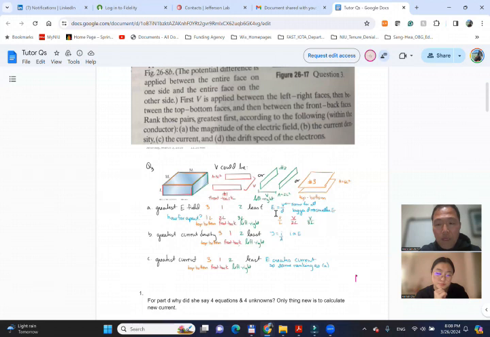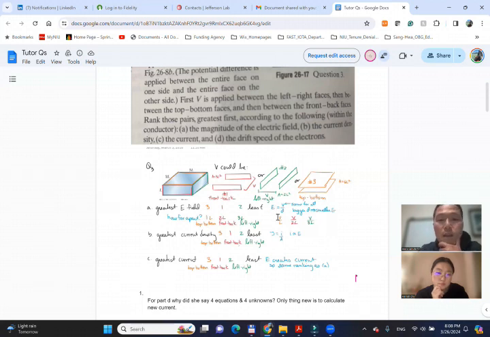So you got that field, and you assume that the current is proportional to the electric field. I'm just rephrasing what you described to me. Then you divide by the cross-sectional area to get the current density, right? Yeah.